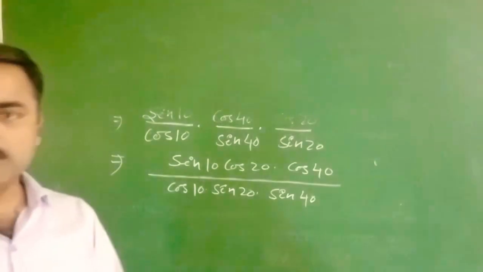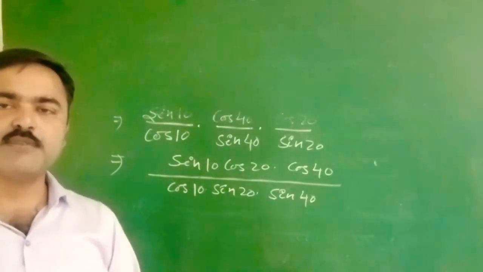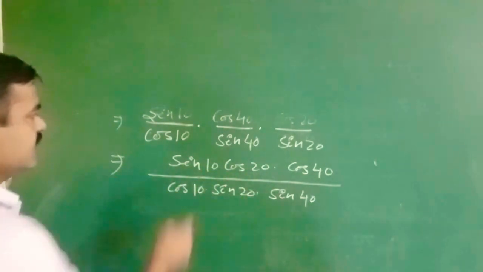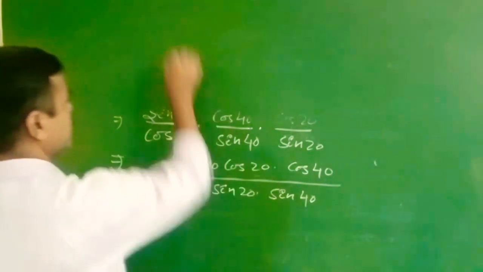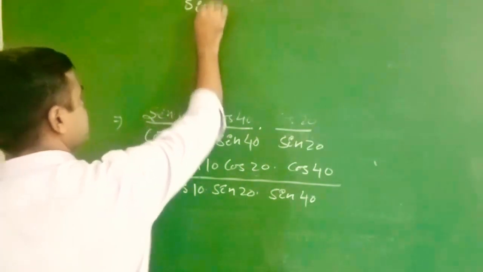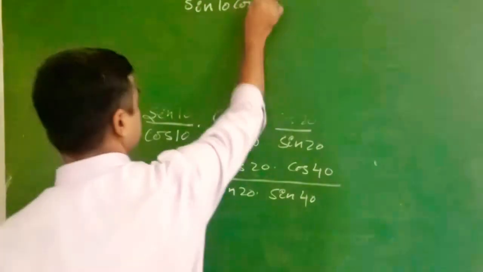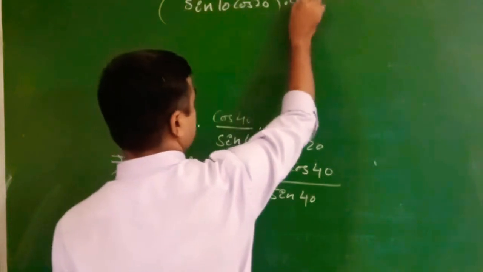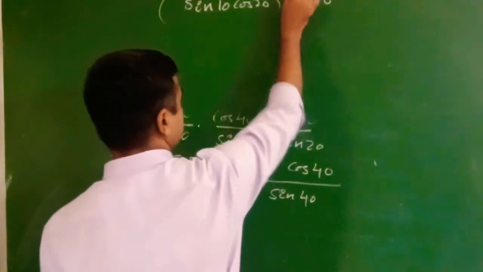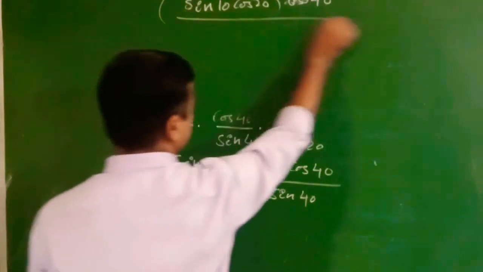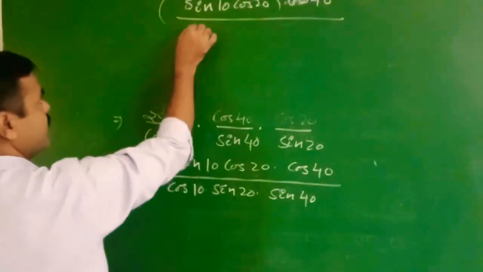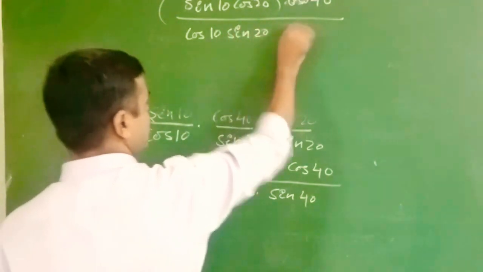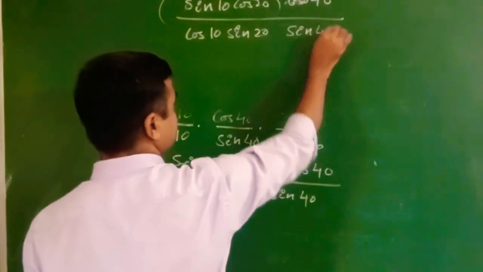Take any two to make it in the form 2 sin A cos B or 2 cos A sin B. Okay? What will you do here? Take these two, sin 10 cos 20, together and cos 40 out of this bracket, and in the denominator this is equal to cos 10 sin 20 and sin 40 here.